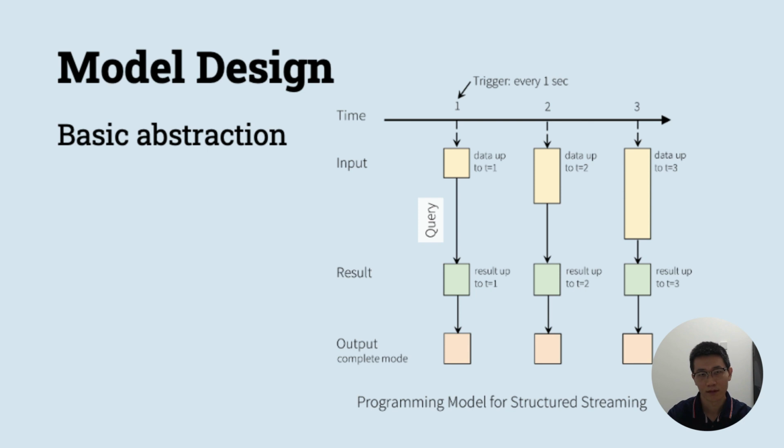In essence, it's a relatively straightforward model, but there are many details within it, which we'll discuss in more depth later. You can see that this model is quite straightforward.